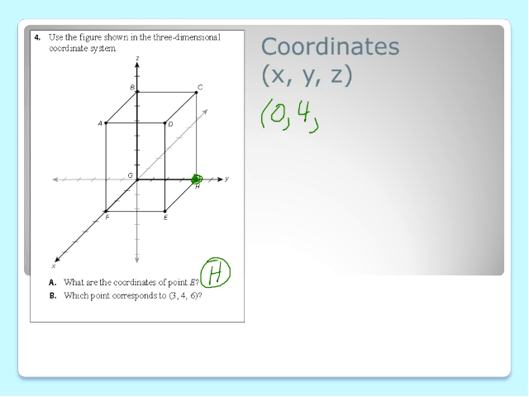And how many on Z did we go? Did we go up at all? No, we aren't. See, we're right here on the y-axis. We haven't gone up at all. So the answer would be 0. So H would be 0, 4, 0.